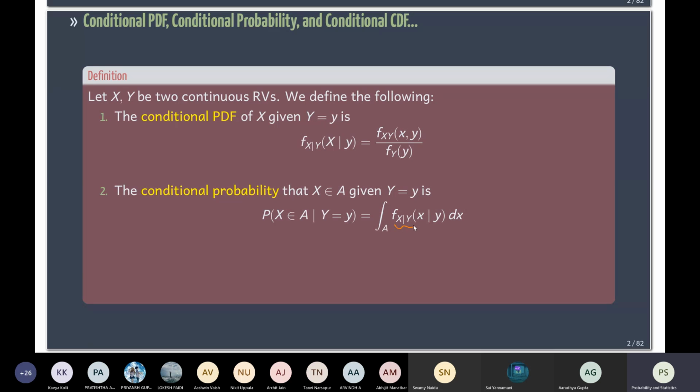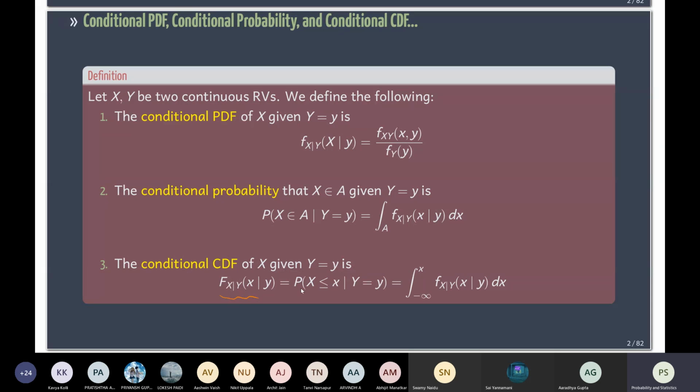So we need a conditional PDF now, okay? And then we integrate it over the domain of x. Then the conditional CDF of X given Y equals y is denoted by this, and this is the probability that X is less than or equal to x given Y is equal to y.